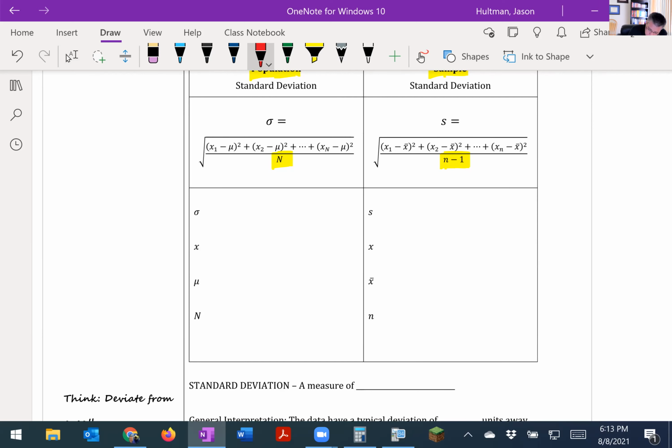Okay, this sigma, what does this symbol mean? It's sigma, and it stands for population standard deviation. What does the X stand for? The X is just the data value, every value in the population.